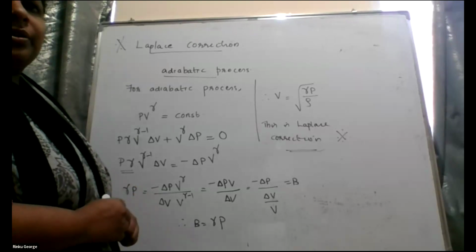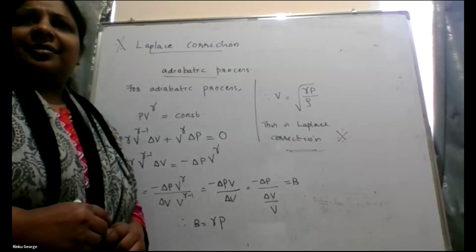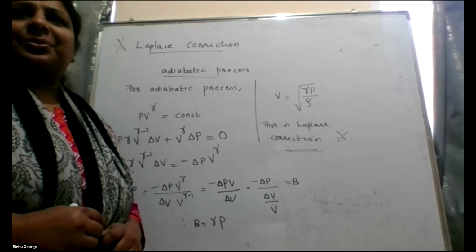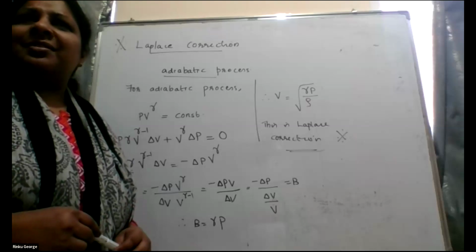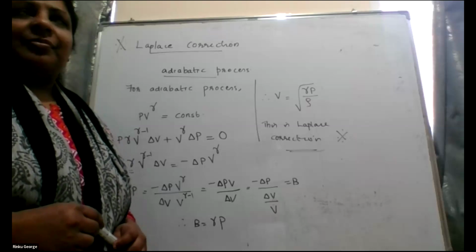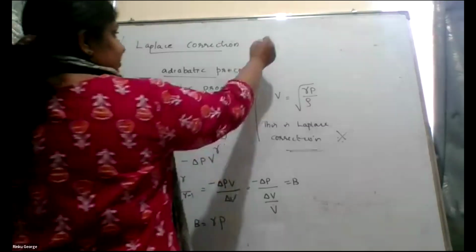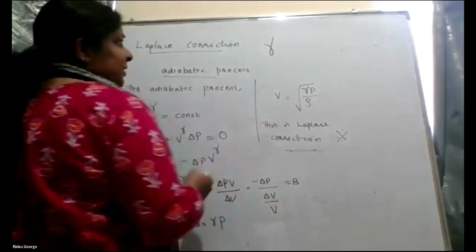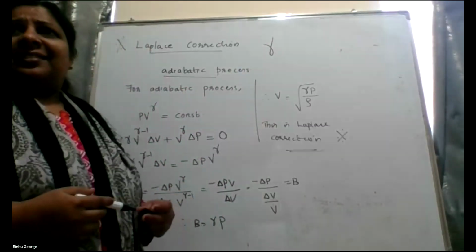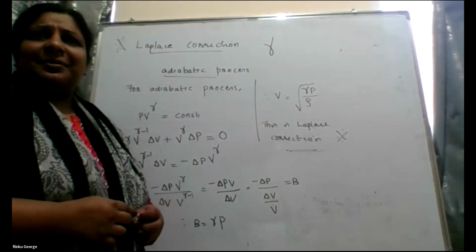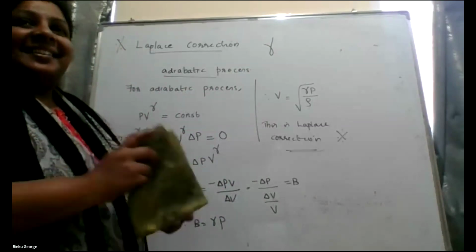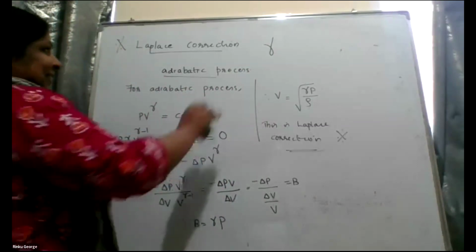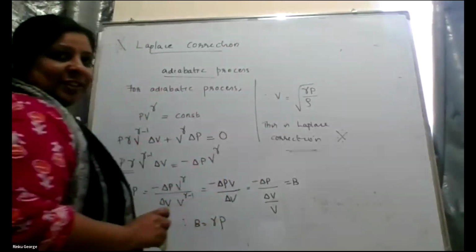What is gamma? What is the other symbol for gamma? It looks like this, gamma. This is gamma, right? What other symbol do you have for gamma? Finished, right? All of you finished?